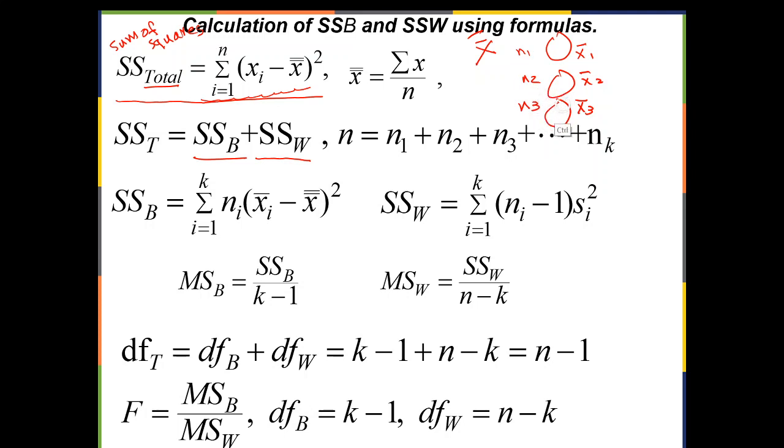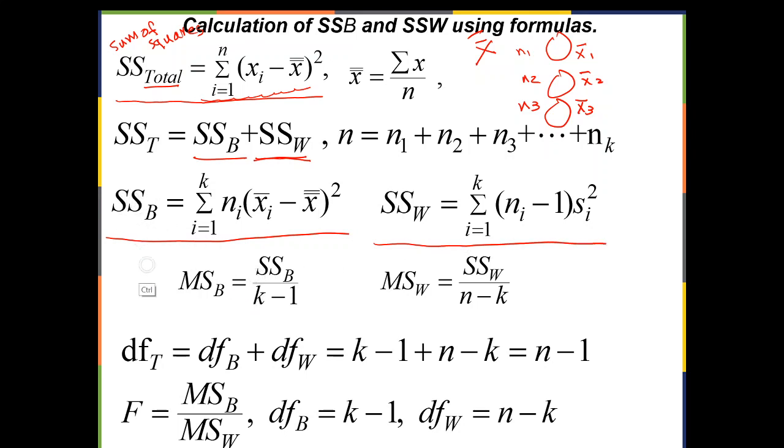The contributions that the groups make depend on the size of the group too. So that is taken care of in this formula. And n is of course the sum of the sample sizes. And here are the two formulas: SSB is that, and SSW is this.